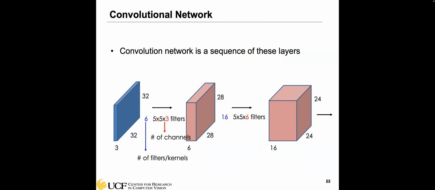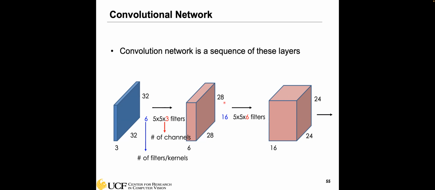The spatial size is 5 by 5, and I also have a channel dimension, which is 3, so I can operate on this 3-channel input. If I use 6 of these filters or kernels, remember the example we had, each filter will produce a feature map. So using 6 different filters or kernels, we'll produce 6 feature maps.